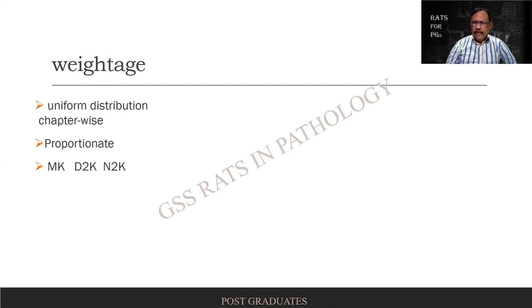It can be done chapter-wise or section-wise, etc. Sometimes we find that there are too many questions from the female genital tract, male genital tract, and kidney, whereas there is literally no question from CVS, RBC, and so on. So this has to be somehow balanced. But there will be a problem. Sometimes it happens the other way around.